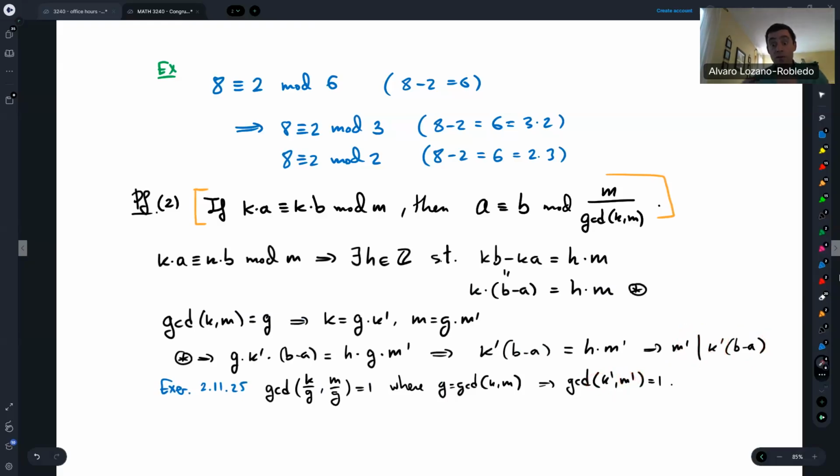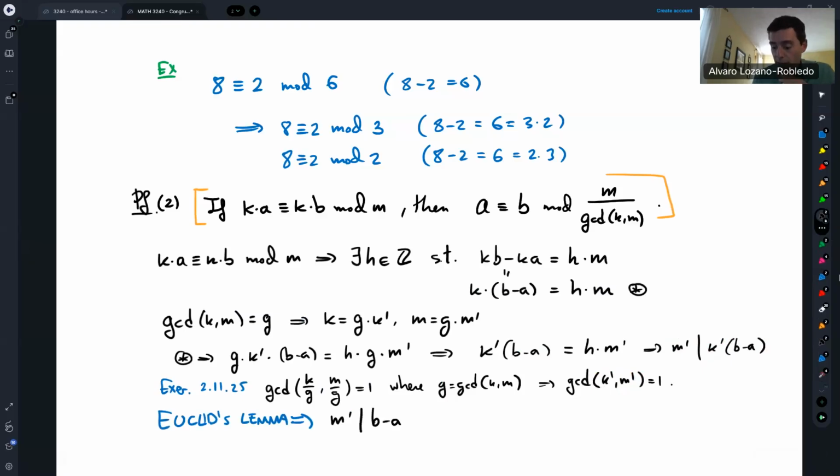Those are the conditions for our favorite corollary for Euclid's lemma to prove that M prime has to divide B minus A. So now by Euclid's lemma, that implies that M prime actually divides B minus A, and what that says is that A is congruent to B modulo M prime.